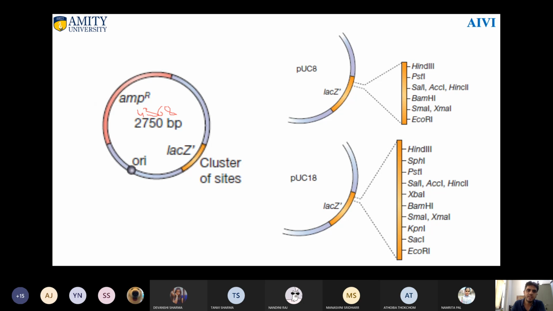If you simply halve it, it's going to be 2188, so it is not exactly half, but more than half. Still, if you subtract it, this much smaller size means this much extra load your vector can carry. So this is another property of this plasmid.